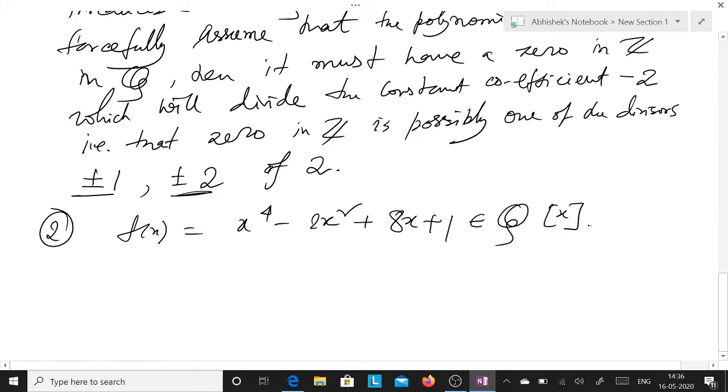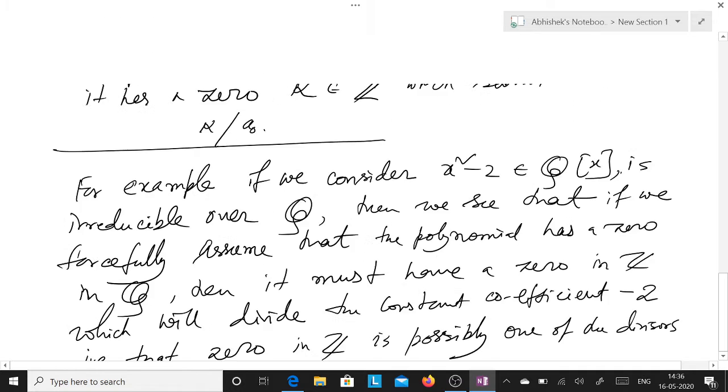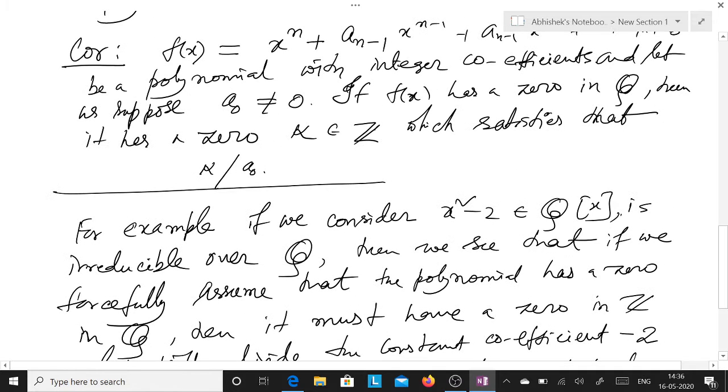Now we need to check that this f(x) is irreducible. So we would like to check that f(x) is irreducible over Q with the help of the corollary that we have stated above.